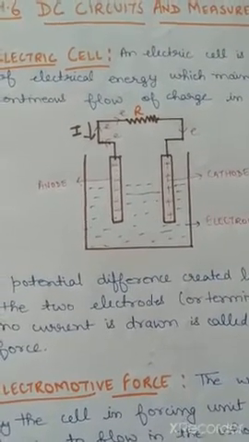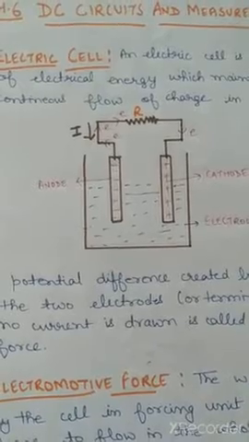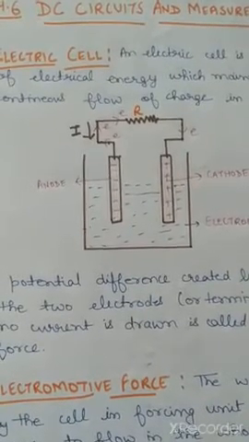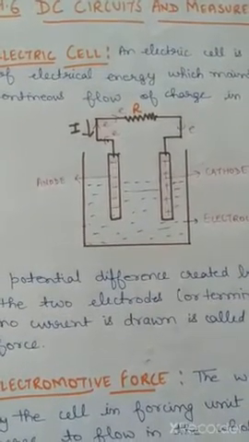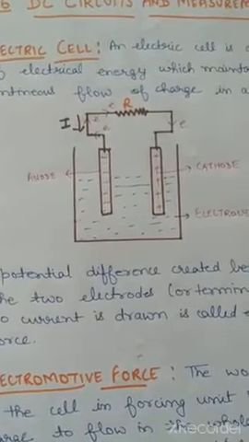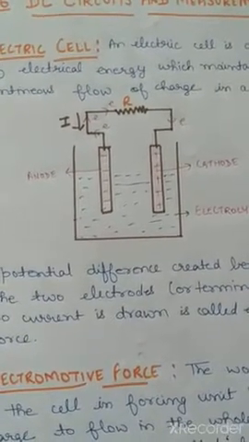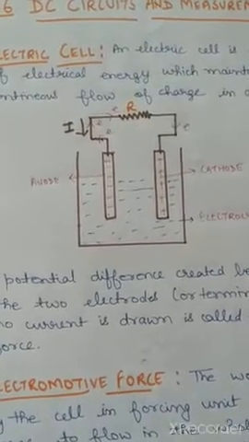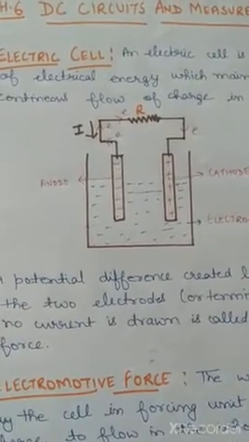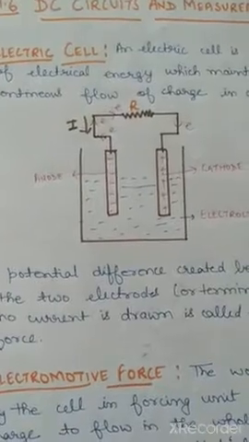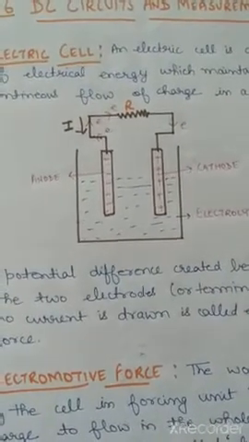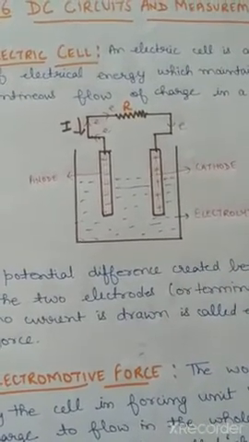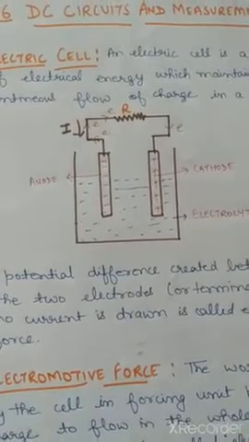Charge can never be produced. Charge is always conserved. The purpose of the cell is only to provide the necessary electrical energy to the charges, due to which they flow, and when they pass through an external resistor or whatever instrument is connected, they give that electrical energy to the circuit or the instrument and lose that energy.